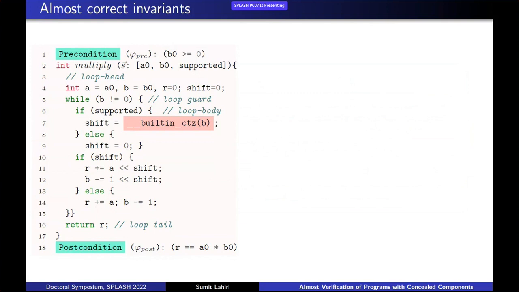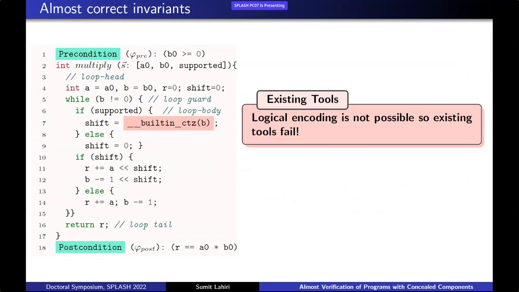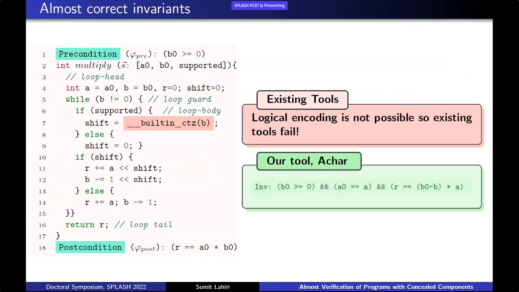The task here is that we want to find an inductive invariant for this program, which can prove that it is correct, given the pre and post conditions that we have. Existing tools don't really work well with this program because we don't have the logical encoding for this built-in CTZ function on line number 7. However, our tool named Usher is able to find this invariant for the given program, which turns out to be the correct invariant.